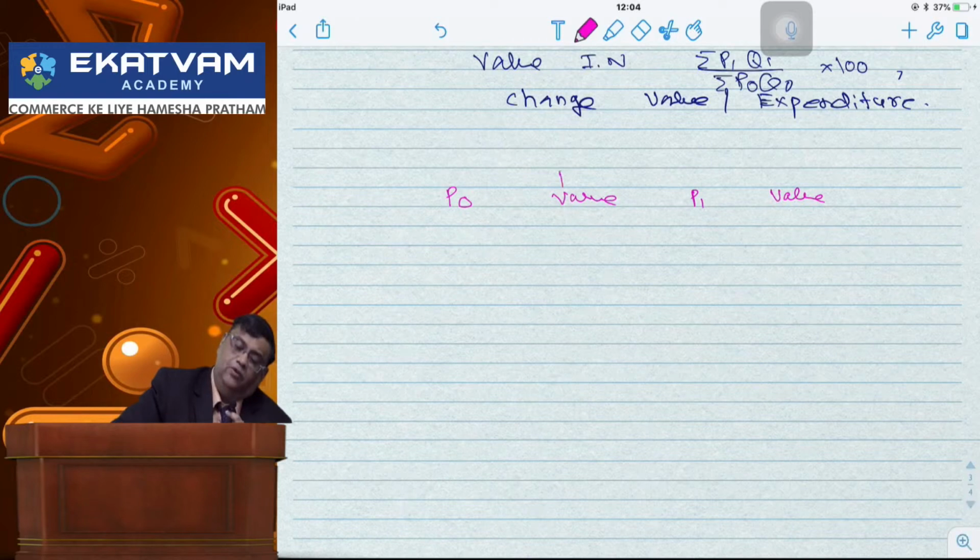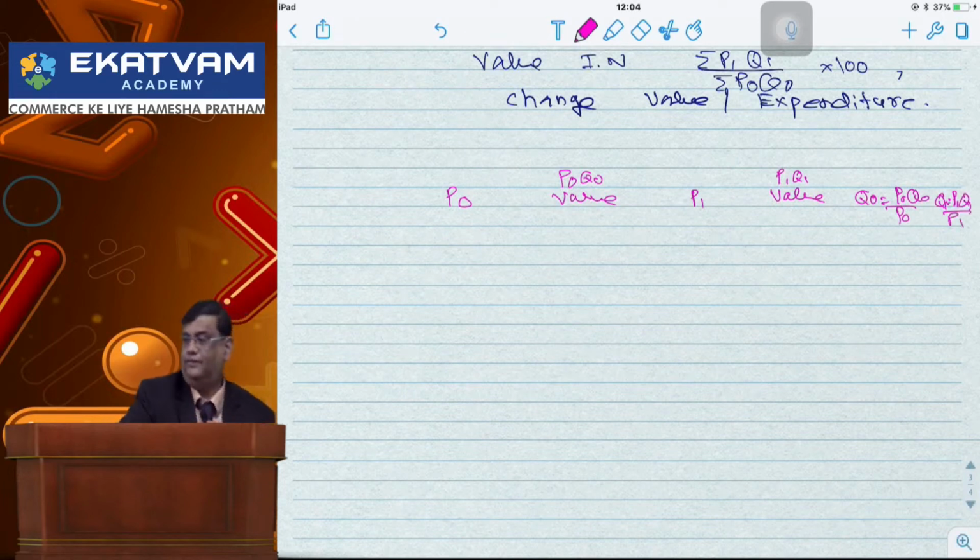Now tell me, this value is what? P0 into Q0. This value is what? P1 into Q1. So first of all, I will find Q0 as P0 Q0 divided by P0. Then I will find Q1 as P1 Q1 over P1. And then you can find the 4 totals required.